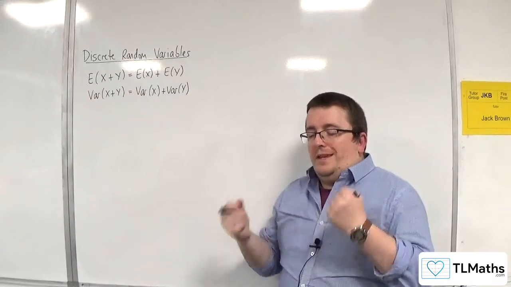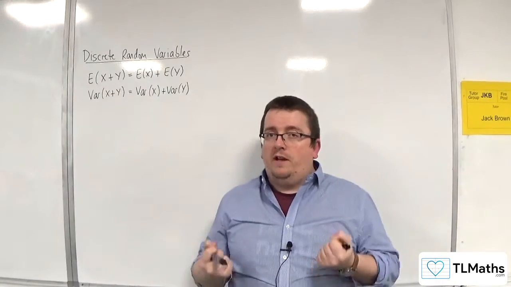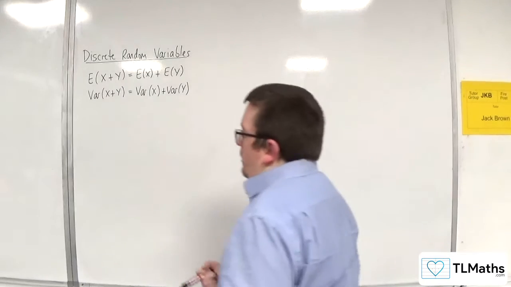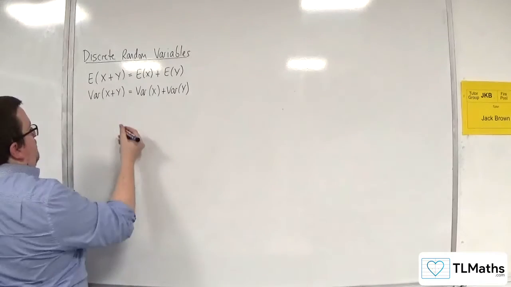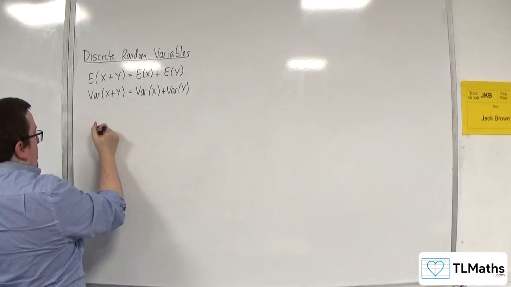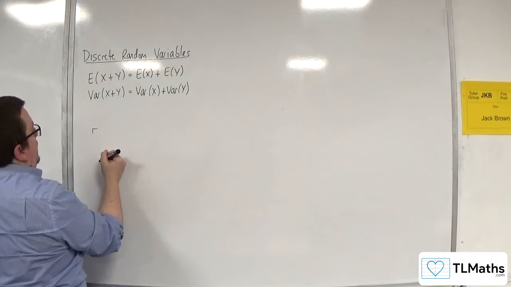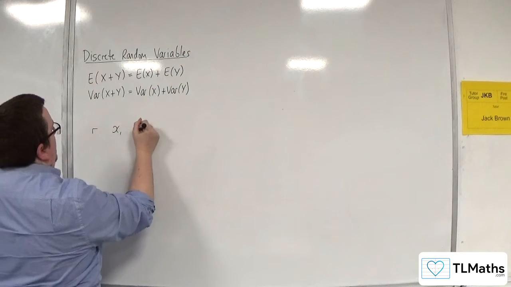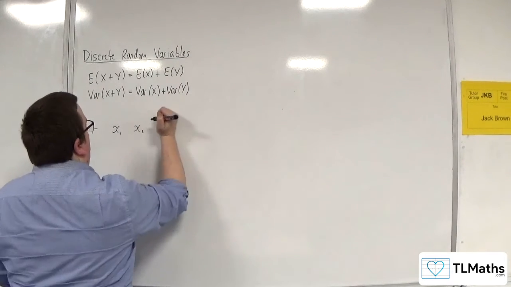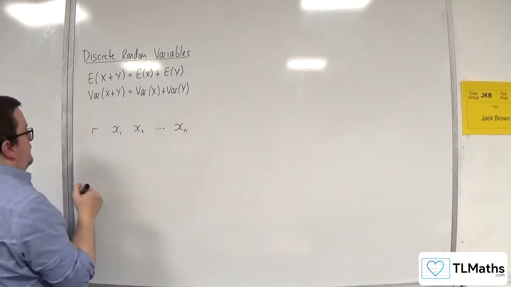what I want you to do is think back to the previous video and what we did, because that's essentially what I'm going to build here. Okay, so imagine that you have a distribution for x where you've got these r values, which can be x1, x2, x3, etc. So let's just go up to x2, and it goes up to xn.